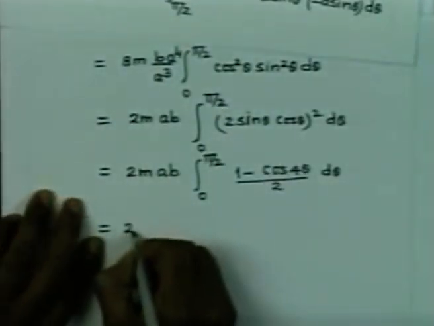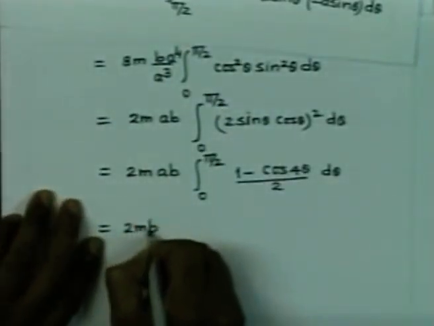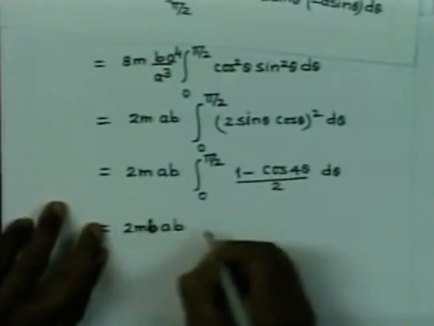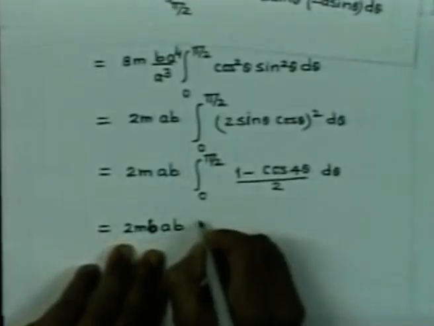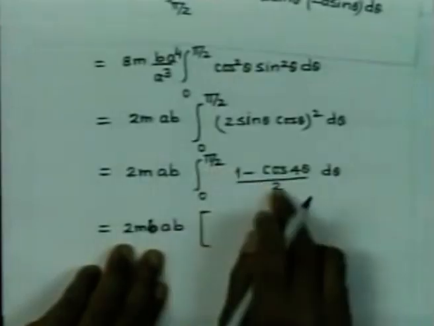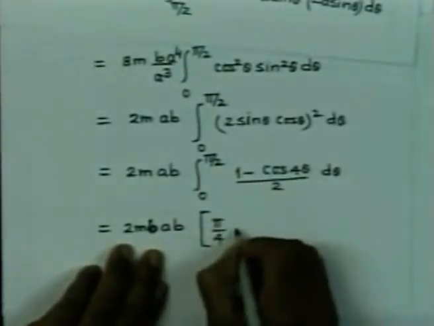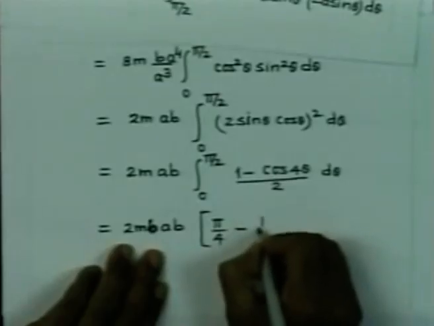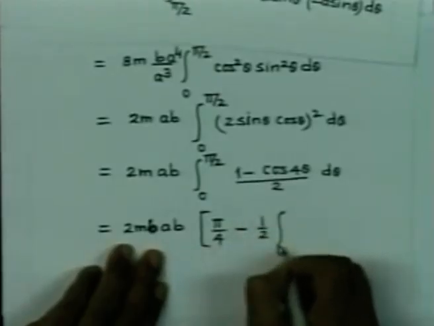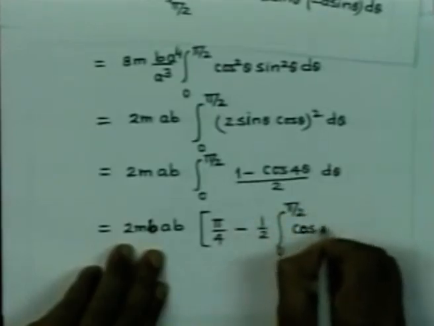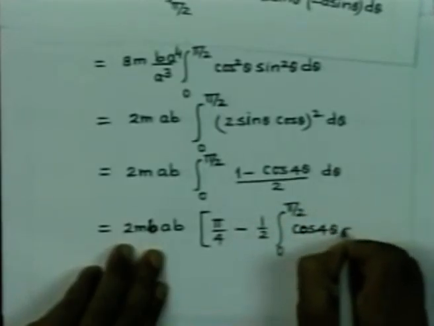This gives us 2 times m a b, and the first term integration is going to be pi by 2 into half, which is pi by 4, minus half integral 0 to pi by 2 of cosine 4 theta d theta.